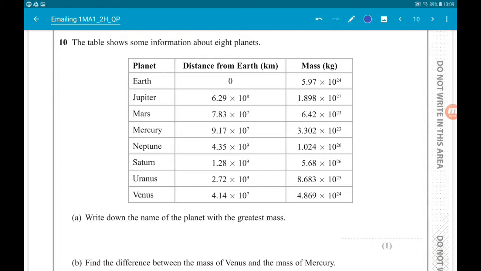So ideally there would be one planet with the highest power of 10, which there is: Jupiter, 1.898 times 10 to the 27. So the answer to part A is Jupiter.